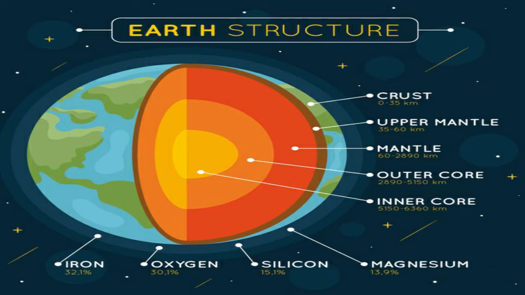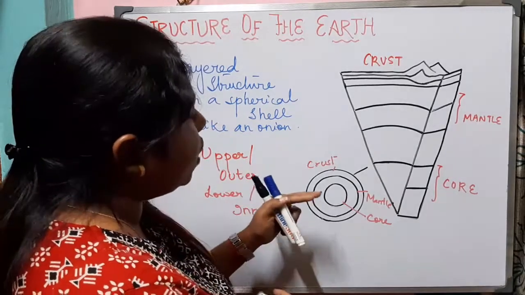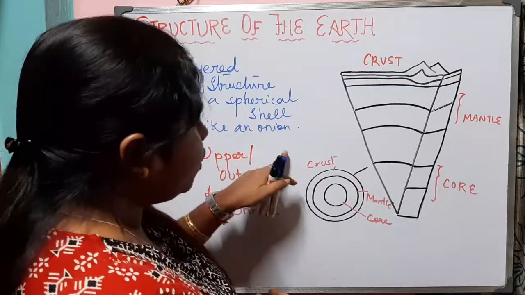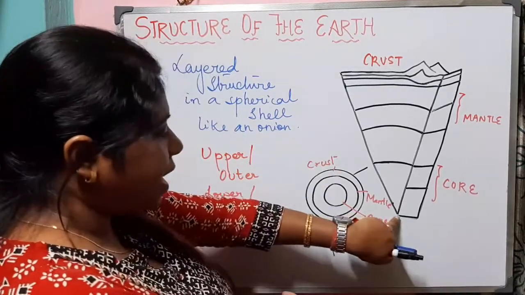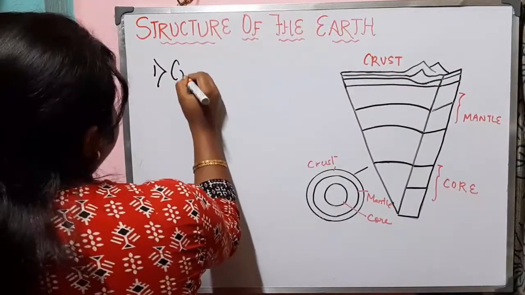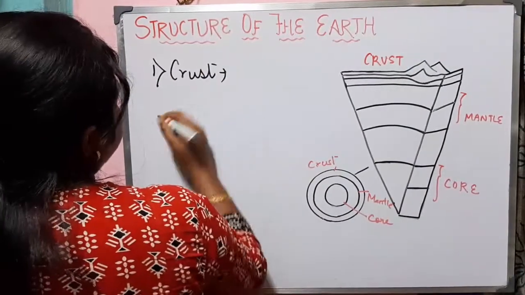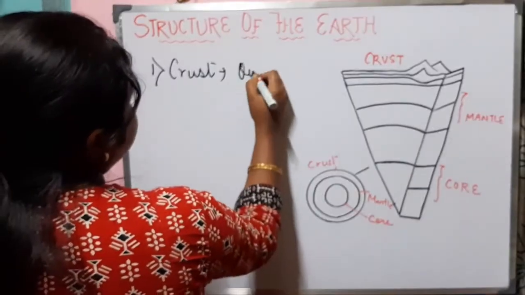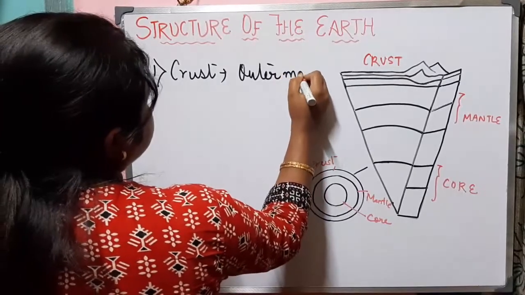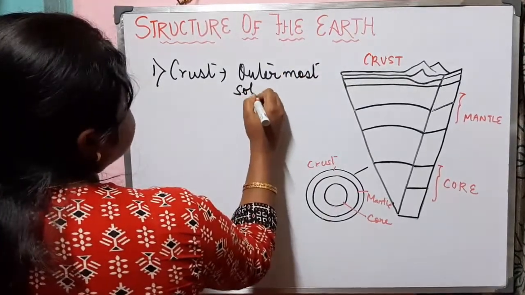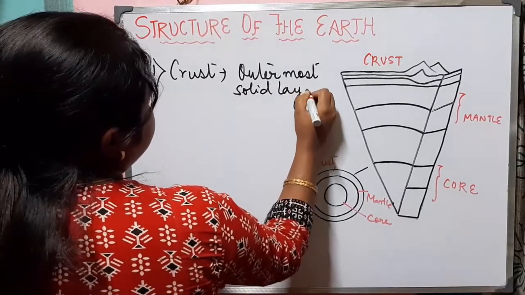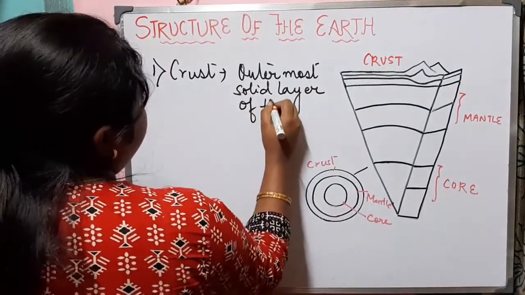Now let us understand the different layers of the earth one by one. First we will know about the crust, then the mantle, and then the core. So the first layer is the crust. Crust is the outermost solid layer of the earth.